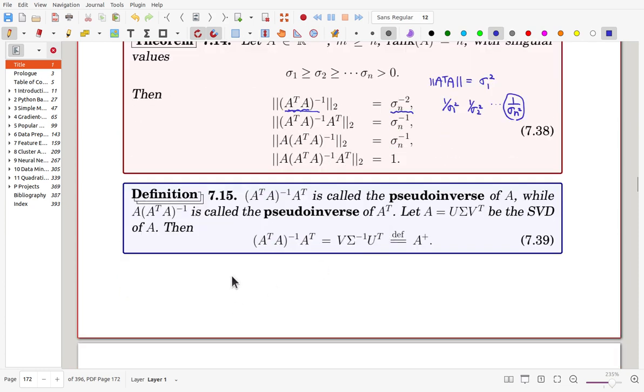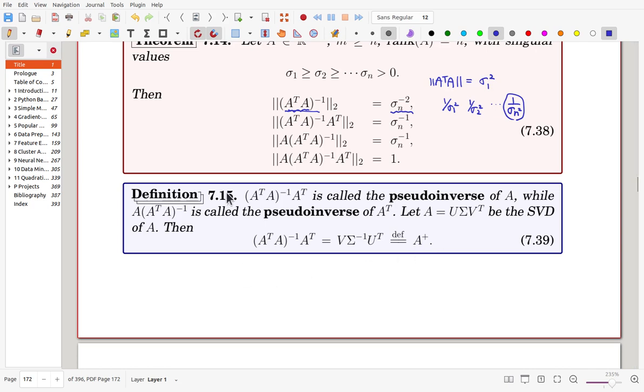Now A transpose A inverse A transpose is called the pseudo inverse of A, while A A transpose inverse is called the pseudo inverse of A transpose. And if A is U sigma V transpose, the singular value decomposition, then the pseudo inverse can be organized in this way. And usually we use the notation A plus.